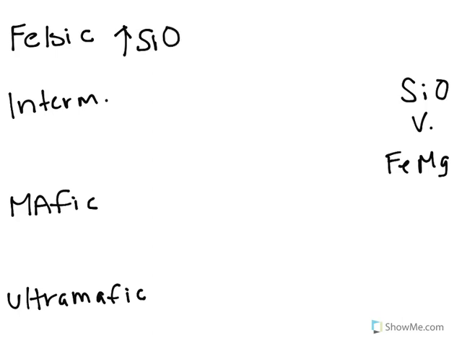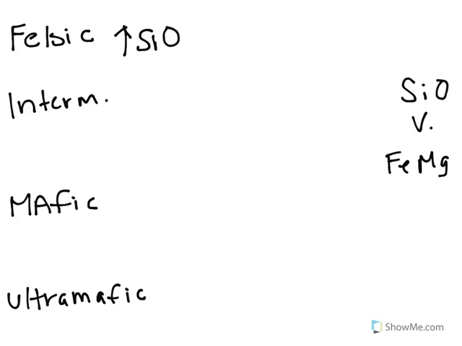So what we're going to look at, like I said, are the differences between our silica and oxygen versus our iron and magnesium. So if we have something that is felsic, felsic is really high in silica and oxygen.